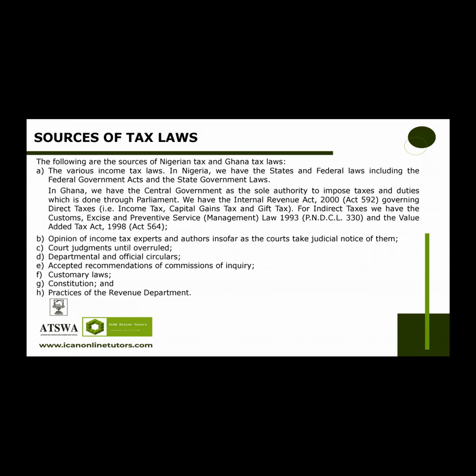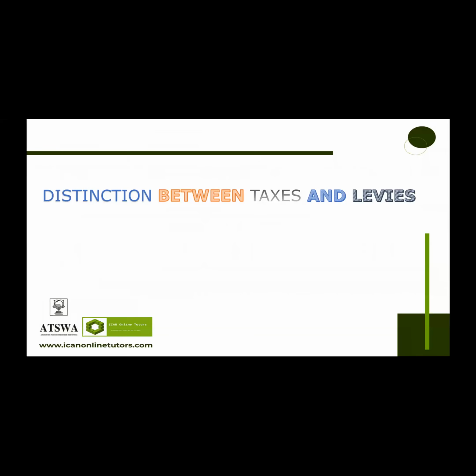Now let's look at the distinction between taxes and levies. The definition of tax provided by Nightingale, 1997, can best be used to differentiate taxes from levies. Nightingale described tax as a compulsory contribution imposed by the government, even though taxpayers may receive nothing identifiable in return for their contribution.